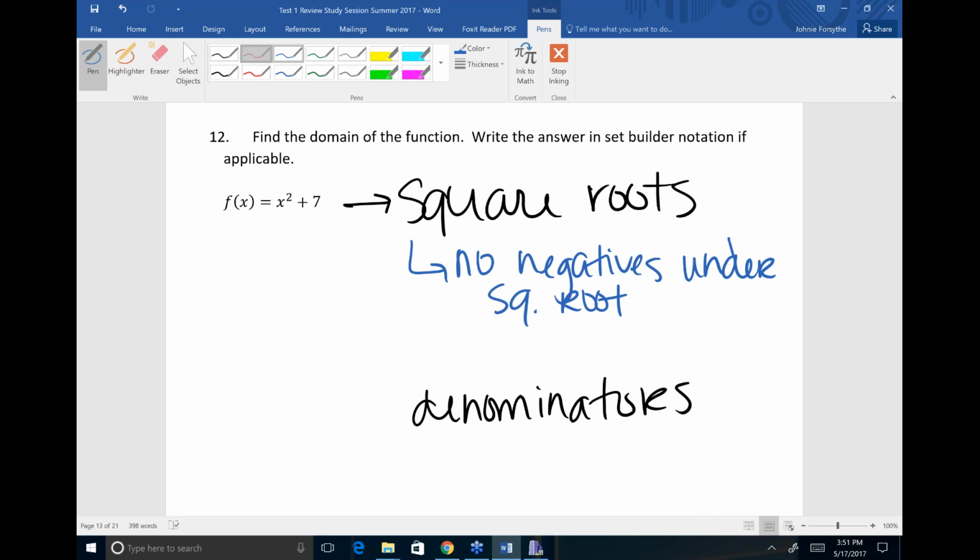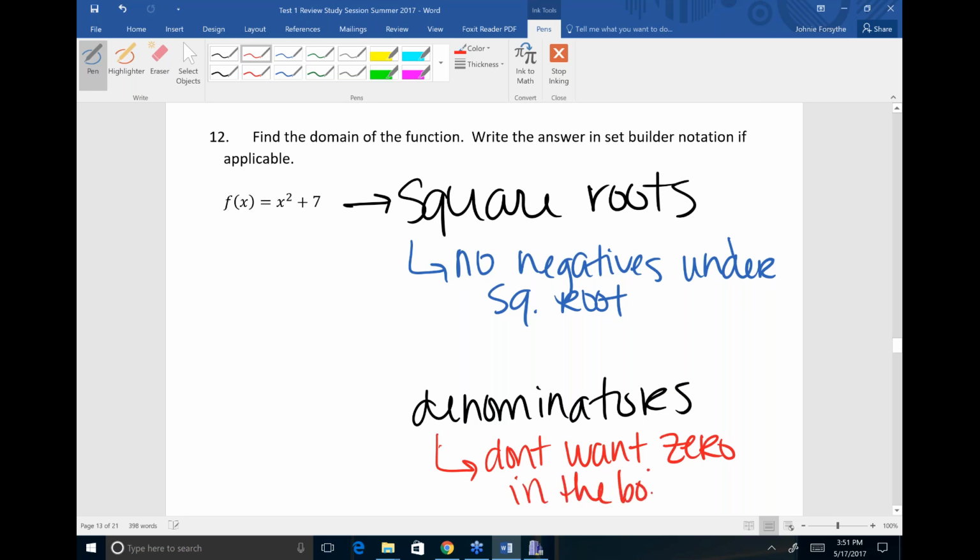Okay? If you have denominators, we don't want 0 in the bottom. If you ever get 0 in the bottom, that's going to be undefined. So we have to exclude any potential x values that could cause the denominator to be 0.